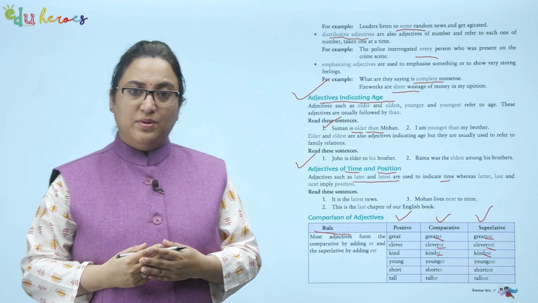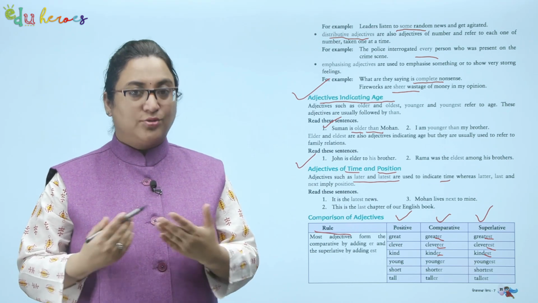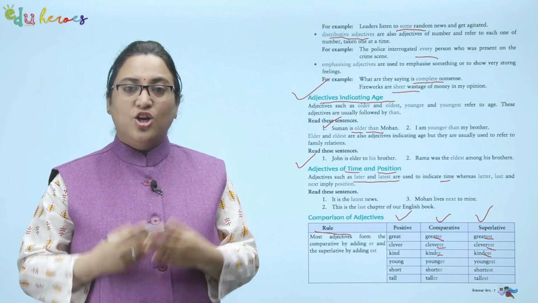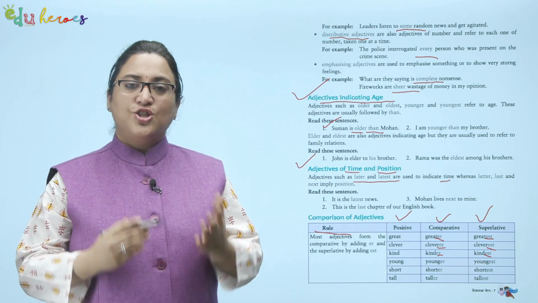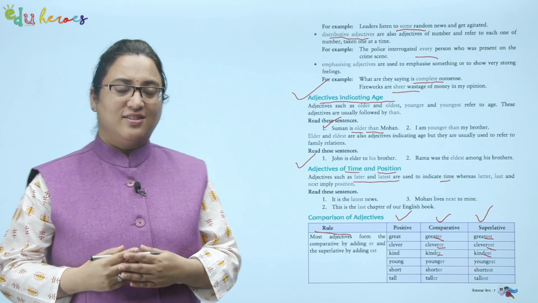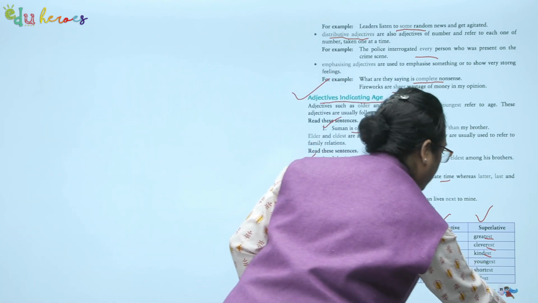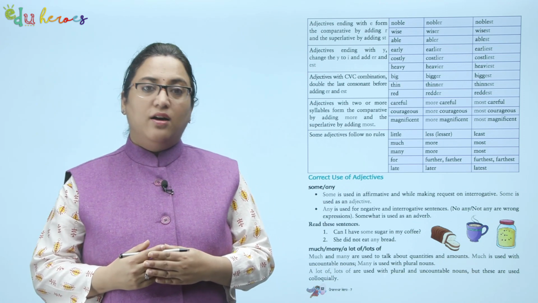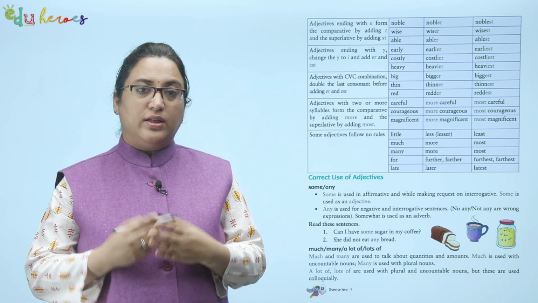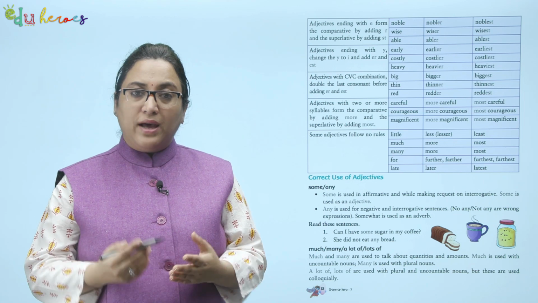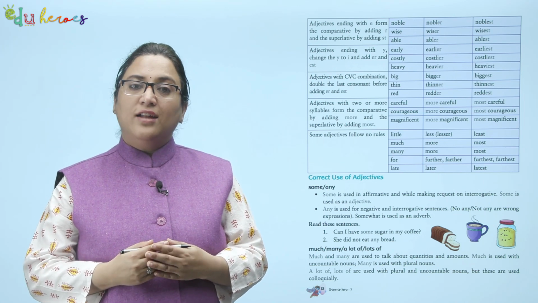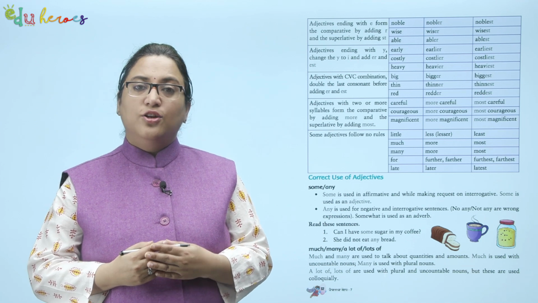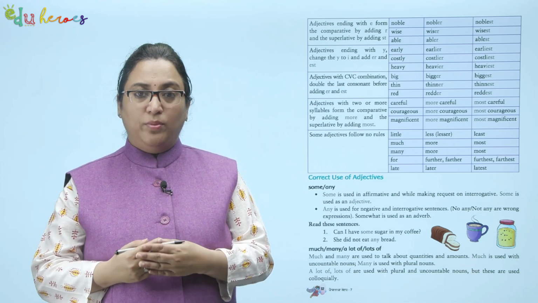Few more examples. Young, try to add, yes, younger. And then youngest. Short, shorter, shortest. Tall, taller, tallest. Another rule. Adjectives ending with e form the comparative by adding r and the superlative by adding st, like noble, nobler, noblest.